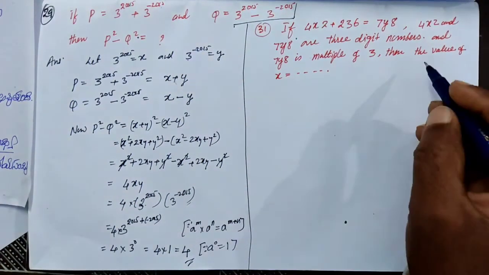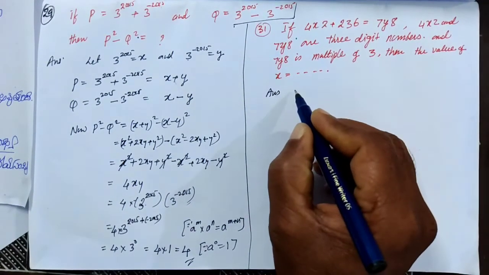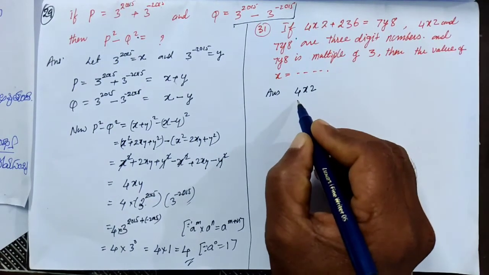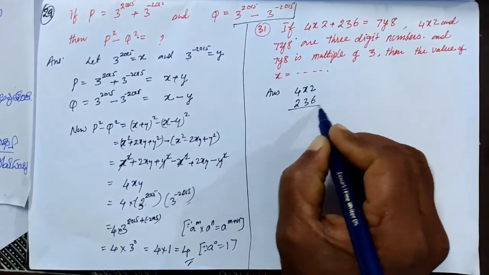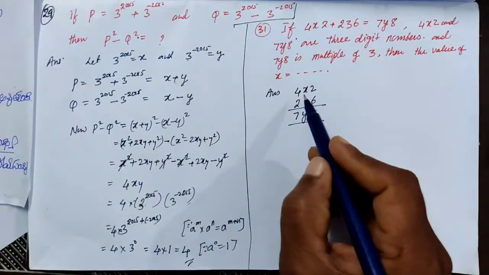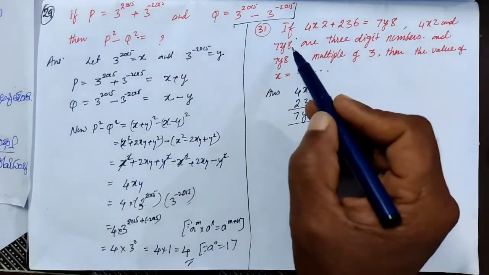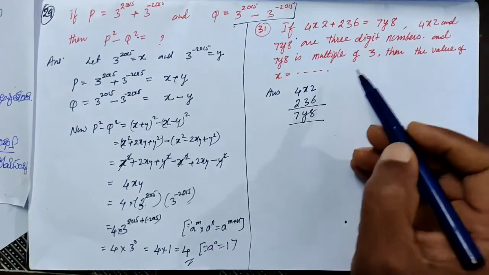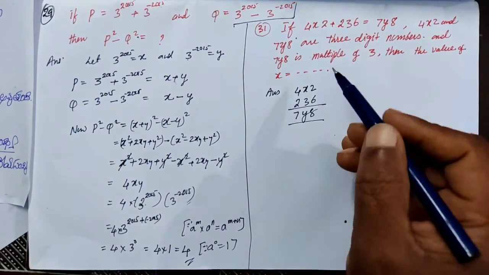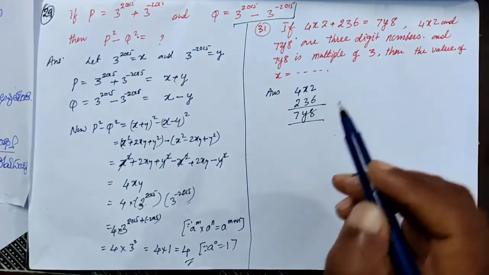So here, 4x2 plus 236 is equal to 7y8. Given that these are 3-digit numbers, and 7y8 is a multiple of 3.